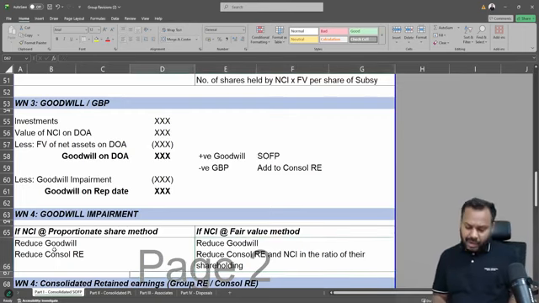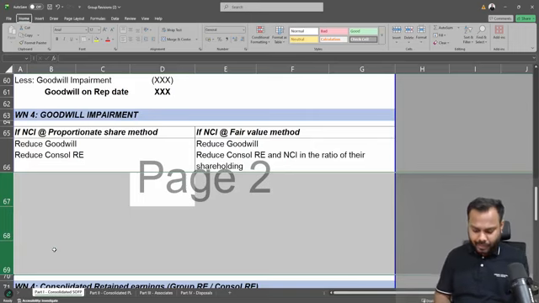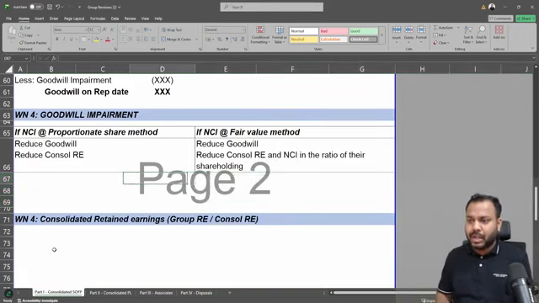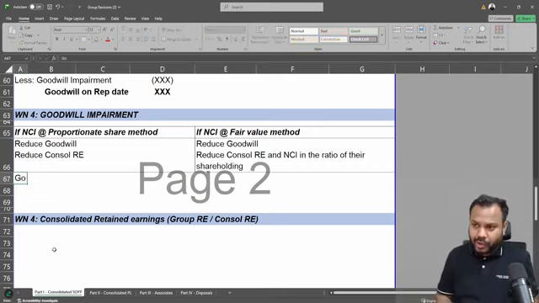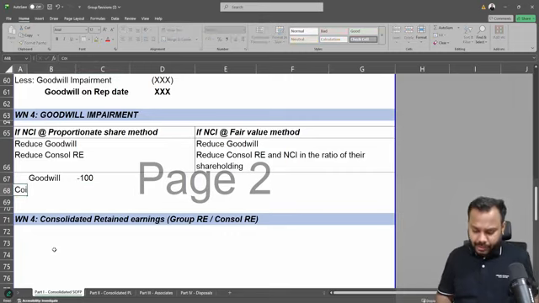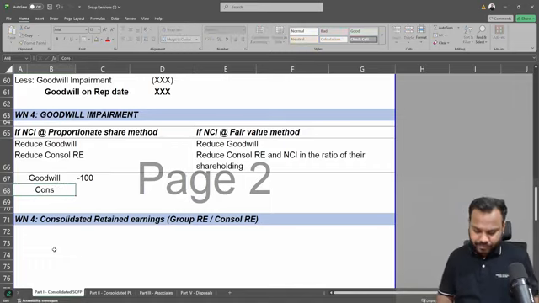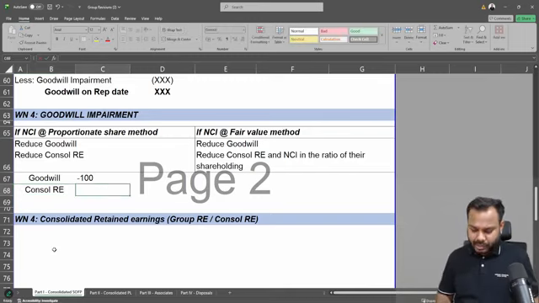Now let me take up an example and explain. Let's suppose the goodwill impairment is $100. In this case, goodwill minus 100, then consol RE minus 100.